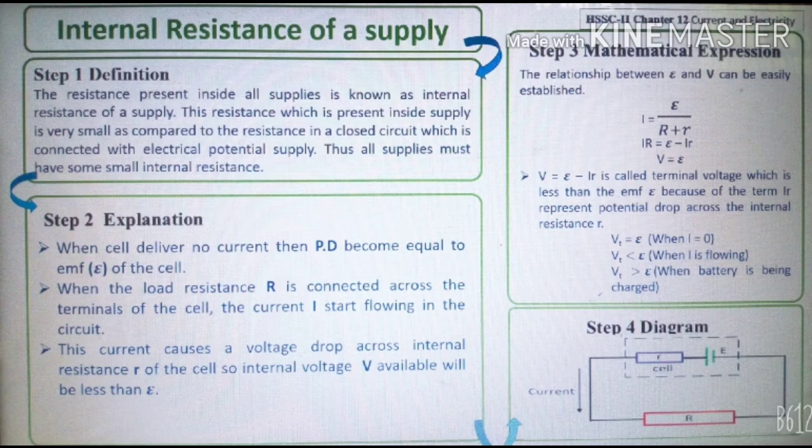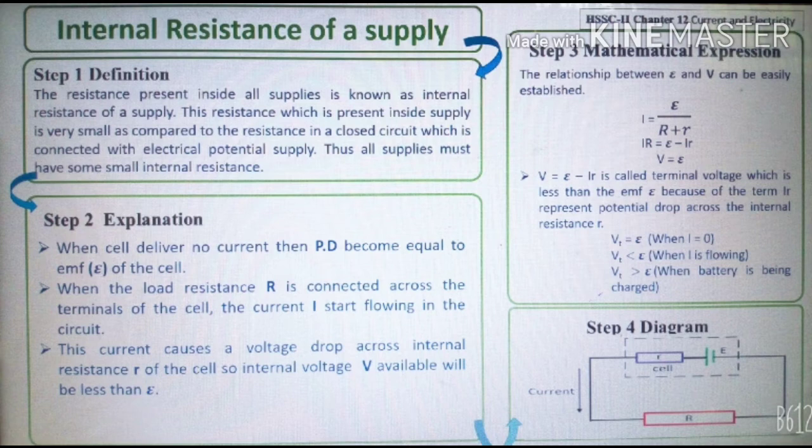Now coming to step number 3, we will talk about the mathematical expression: the current I is equal to E over R plus r. We studied this relationship previously. Capital R represents the external resistance and small r represents the internal resistance of a potential difference.